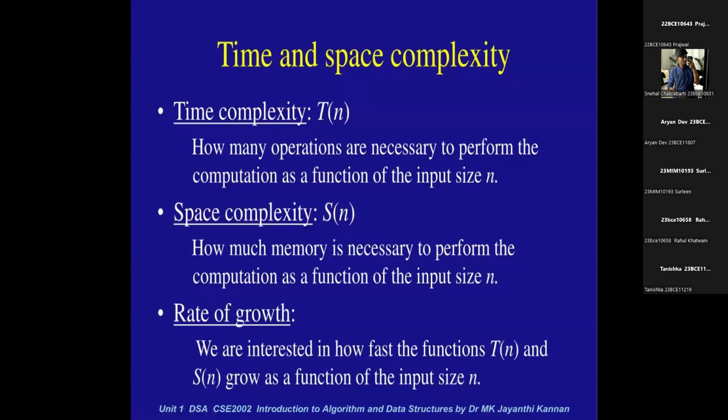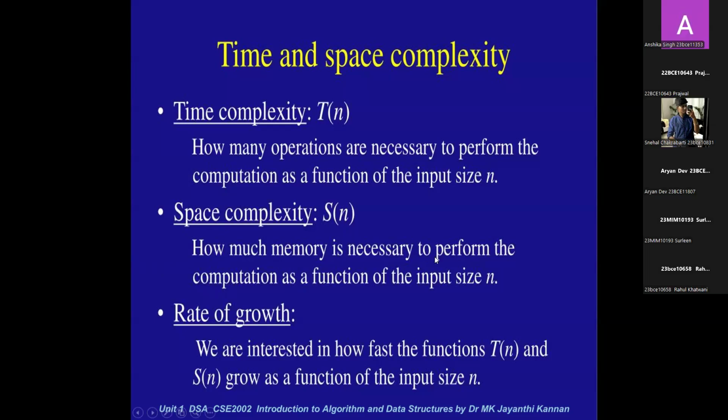Time complexity is represented as T of n, and we are using big O notation, big omega notation, and big theta notation. Space complexity is represented as S of n, storage, and it is how much memory is necessary to perform the computation as a function of the input size n.